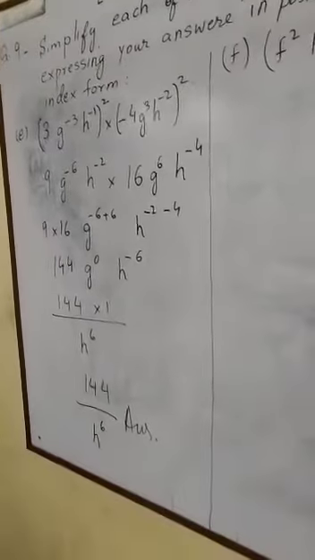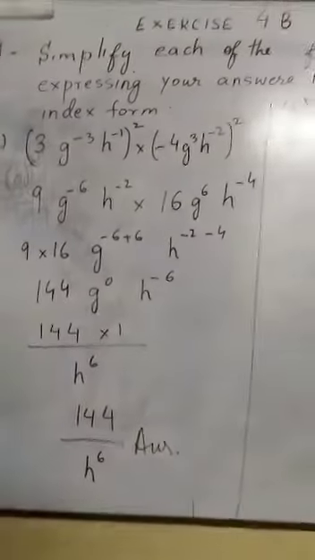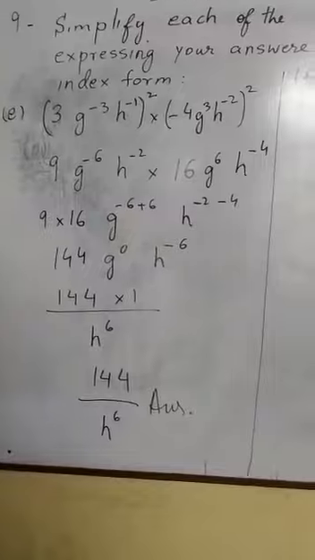So 3 squared will give you 9, and G^-3 will be multiplied by 2, it will give you minus 6, and H^-1 will be multiplied by 2.